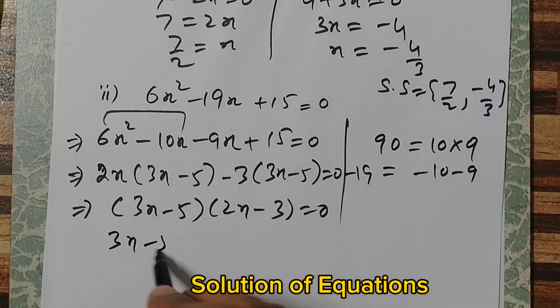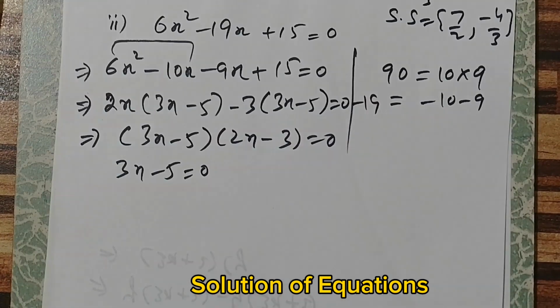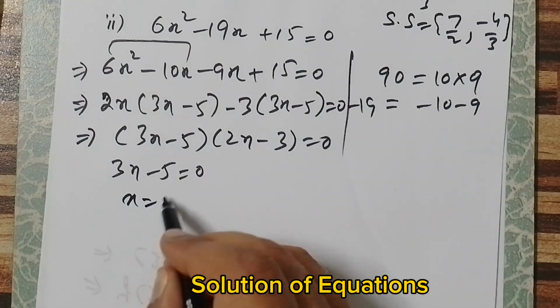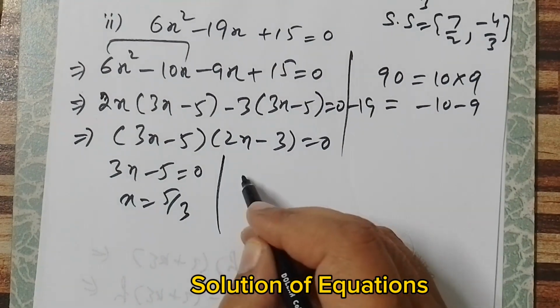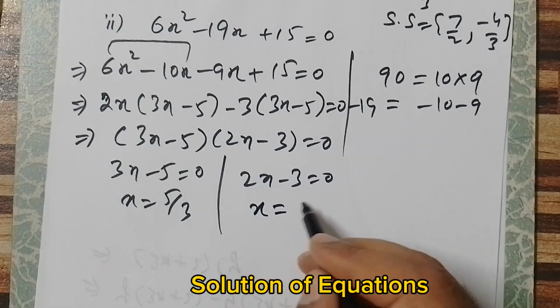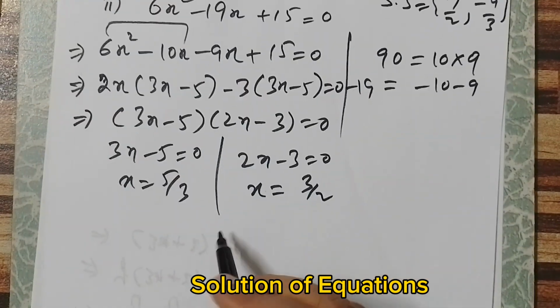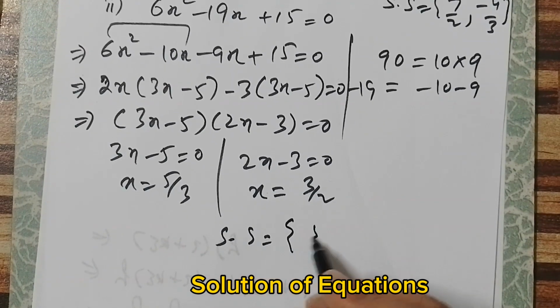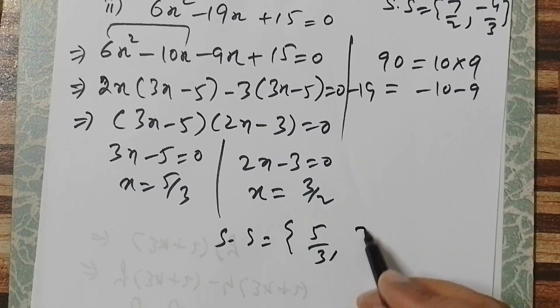The first factor 3x minus 5 equal to 0 gives x is equal to 5 by 3, and this second factor, when compared with 0, gives x is equal to 3 by 2. So the solution set will be 5 by 3 comma 3 by 2.